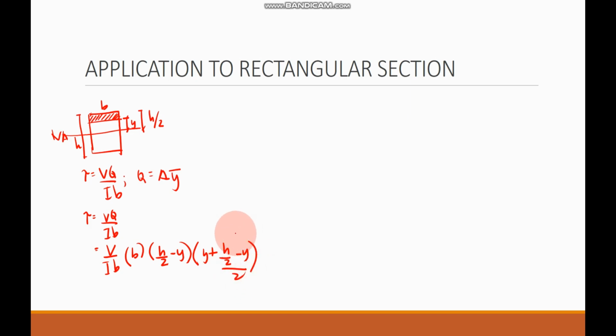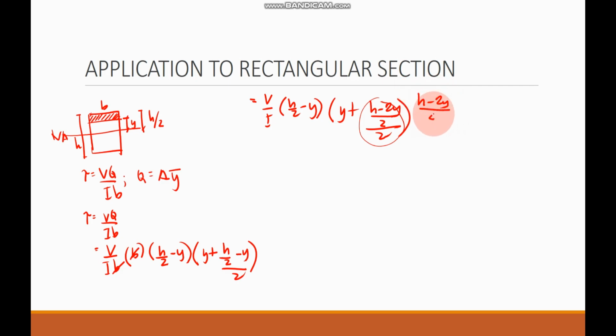Let us simplify it further. So, lipat ko na lang dito. So, we have here B all over I. So, pwede ko nang i-cancel out yung B. Tama. So, we have B all over I multiplied by h over 2 minus y, all over 2 and then all over 2. So, simplify natin to. Kasi medyo complicated. So, it would be equal to h minus 2y all over 4.